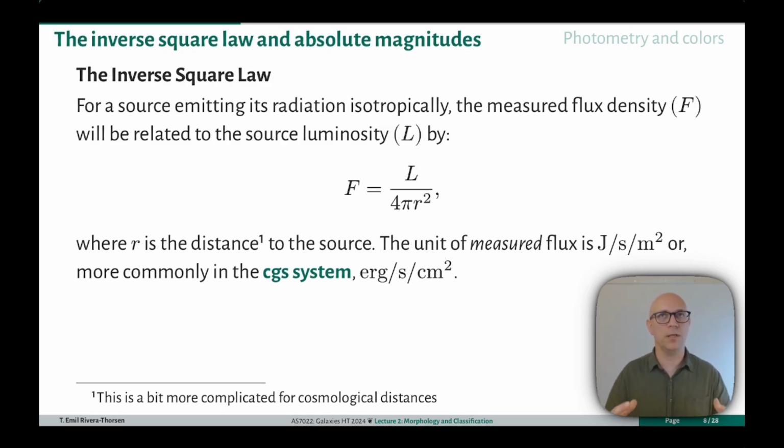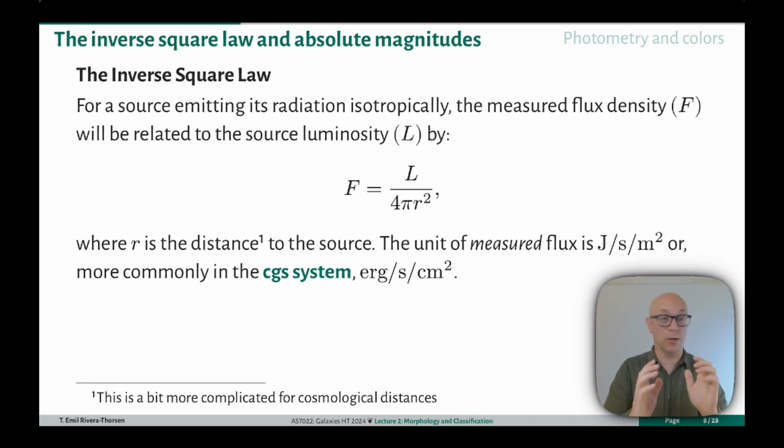The luminosity is the complete output along all directions. So the total summed energy flux in a given wavelength range, but over all directions. On the other hand, the flux density is the amount of flux that we measure per area unit, or per unit area.